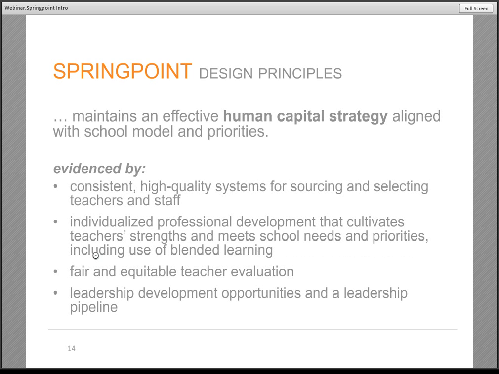The next principle says that a high-performing high school maintains an effective human capital strategy aligned with school model and priorities. The leaders and teachers for these schools will be selected to support the mission of the school and have to be committed and skilled in the principles of design.